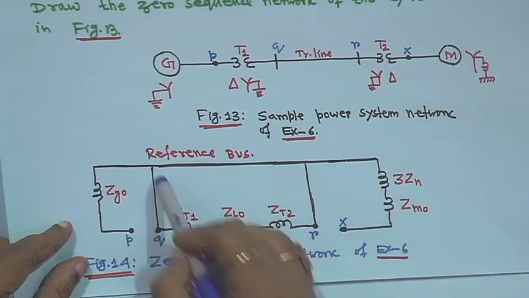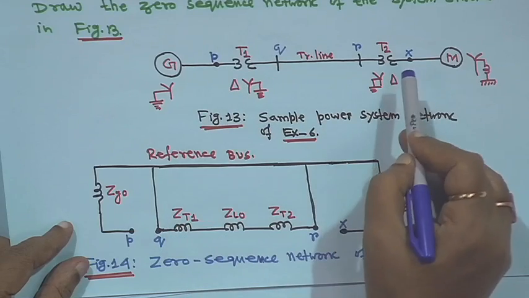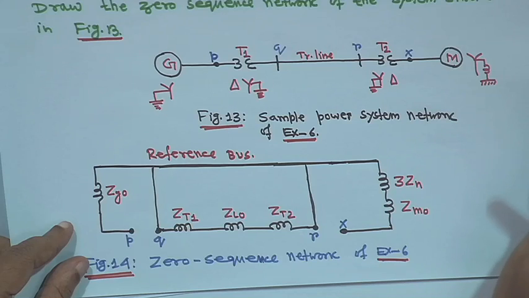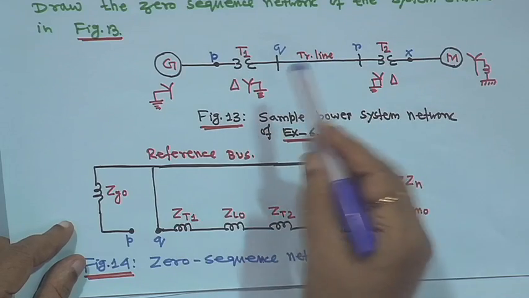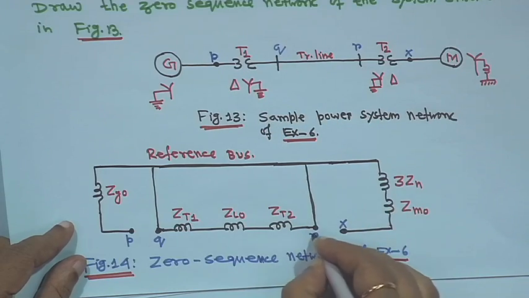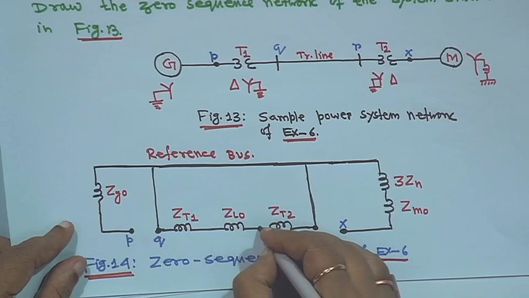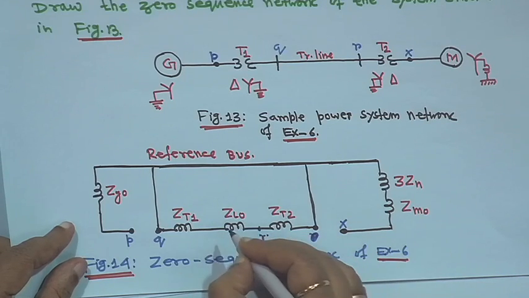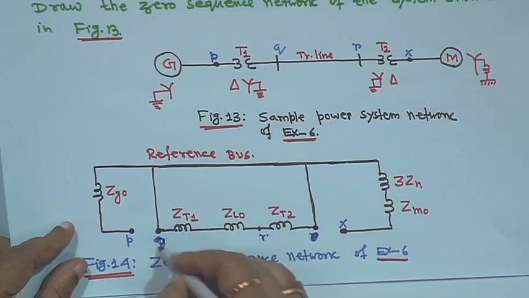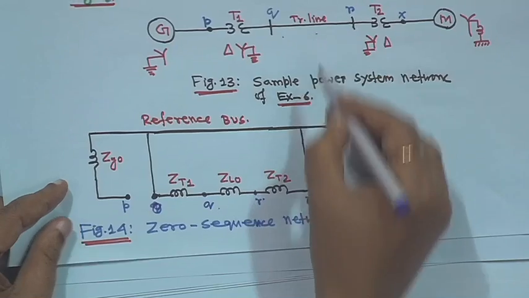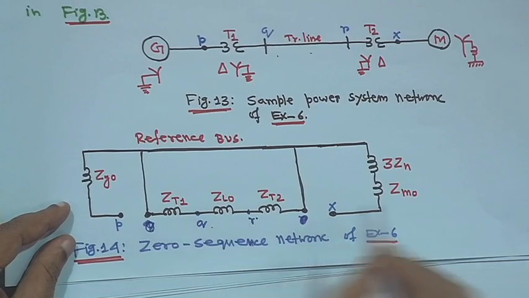So, it is connected to the reference bus. This point should not be R, this is your QR line. So, this is before the transformer, this point should have been R, and this point is actually Q. This is Q, this is R, the QR transmission line; by mistake I have written it here.